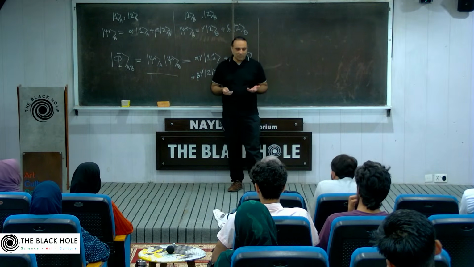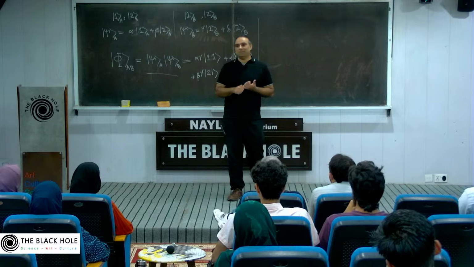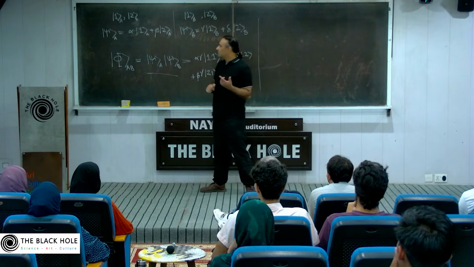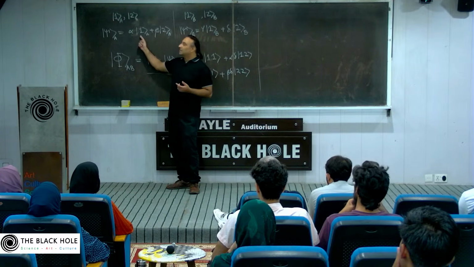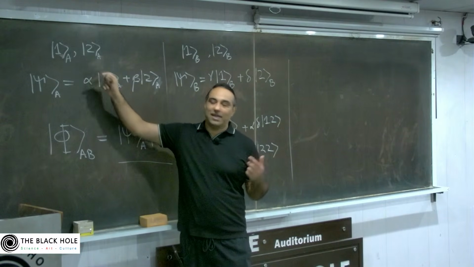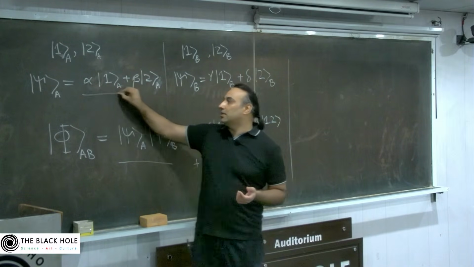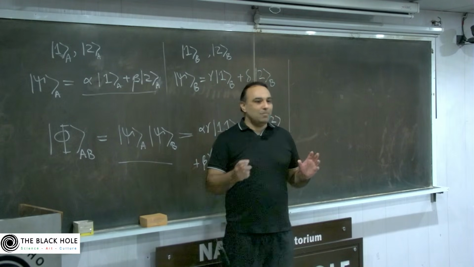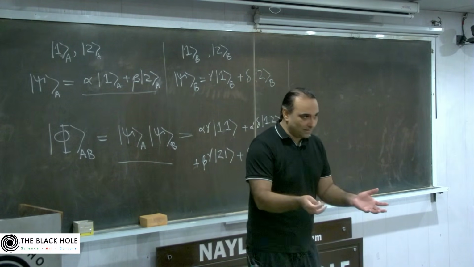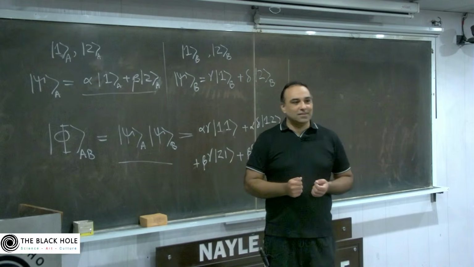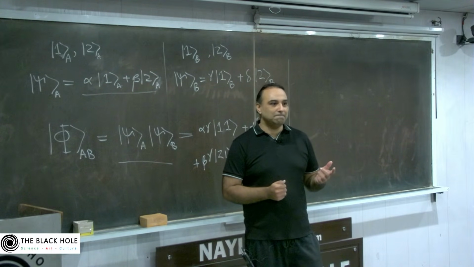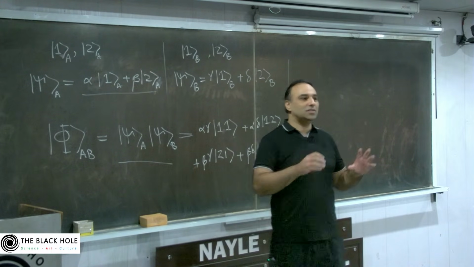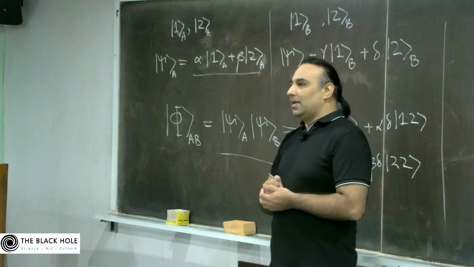A state of a system lives in its Hilbert space. For one two-level system, its Hilbert space is spanned by these two kets, and in general a state can be written like this, and similarly for the second two-level system. And now we have a composite system made of two two-level systems. So we should be talking about its Hilbert space, basically the state space of this composite system.